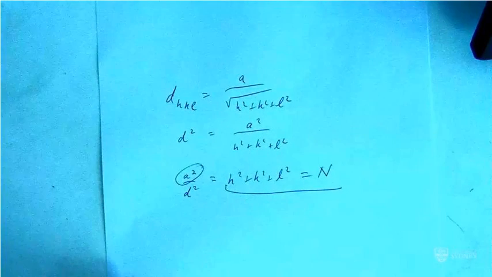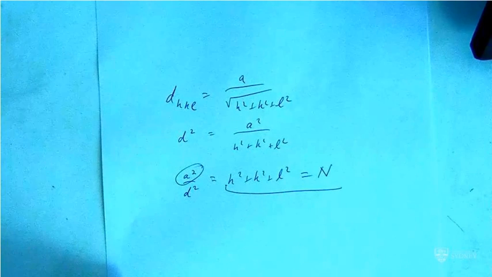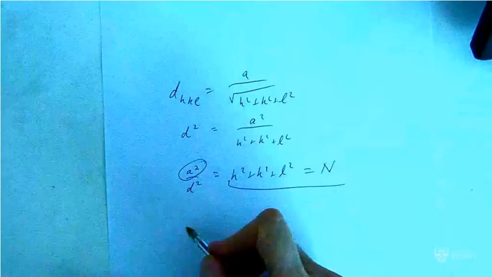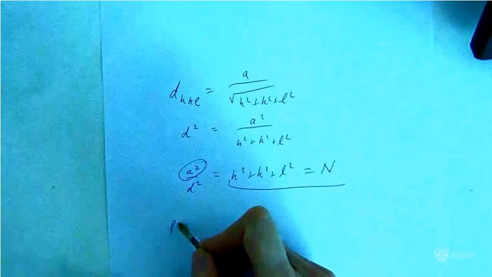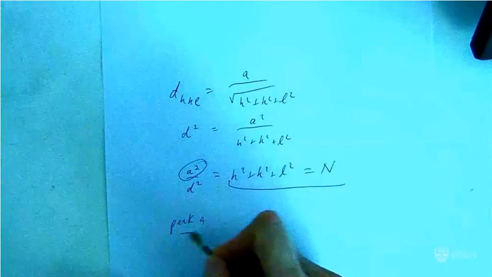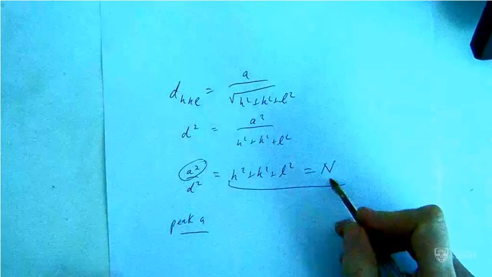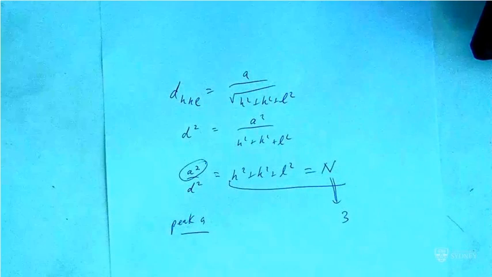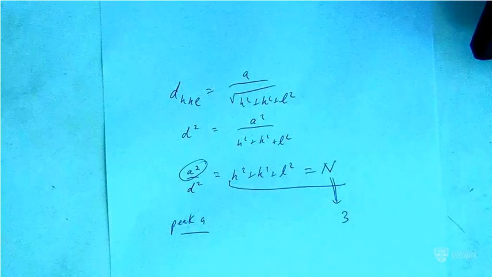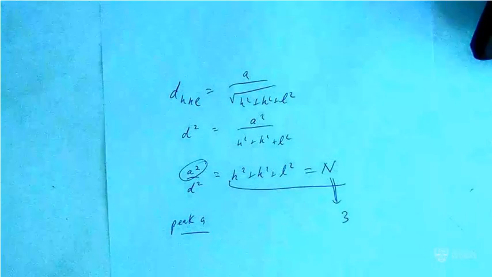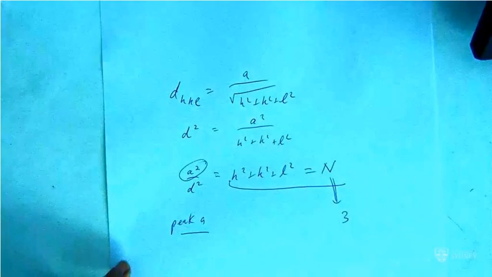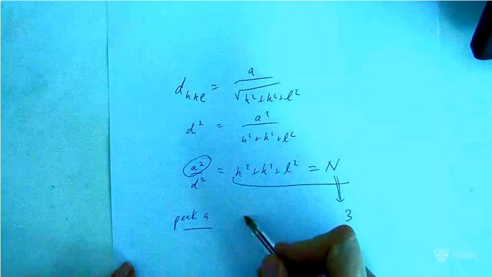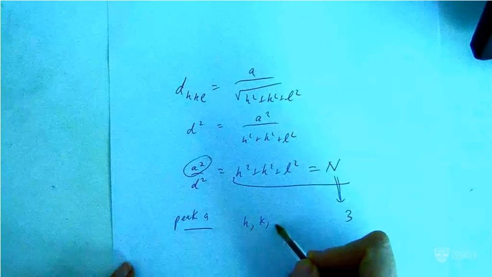But from the values that we find, so for peak A, we know that this d could be rounded to 3, okay, when you just make it with respect to the first peak. So the only combination of h, k, and l that can possibly give you 3 would be if h, k, l are all equal to 1.